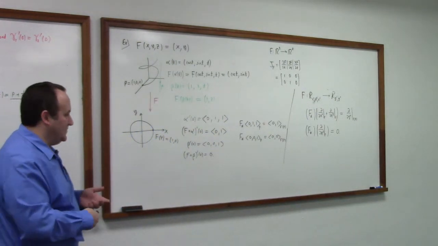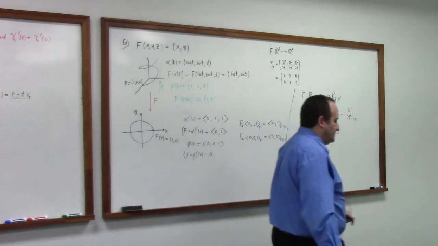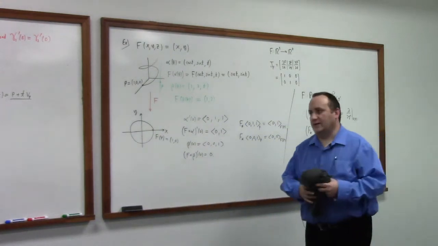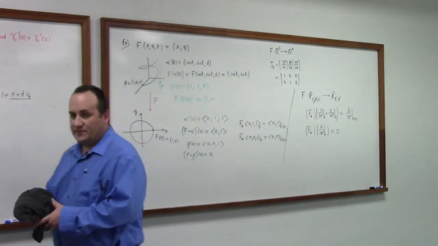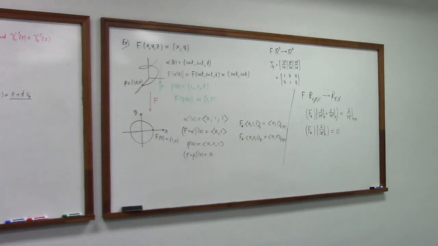I should mention a little more about how we can judge whether or not a parameterization is reasonable. So this is the big idea. We've got some domain, which is a subset of whatever dimension.